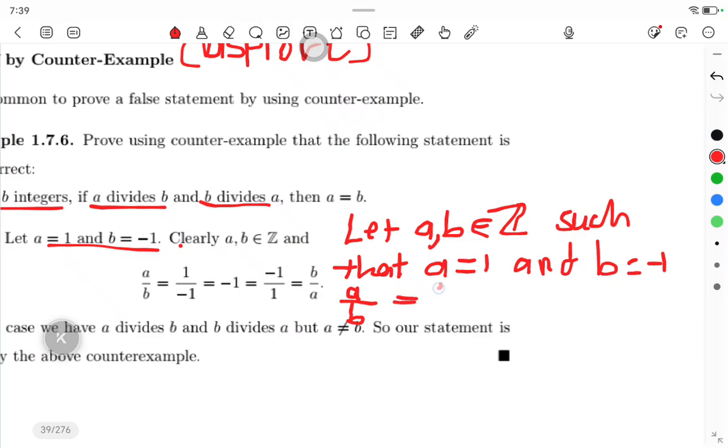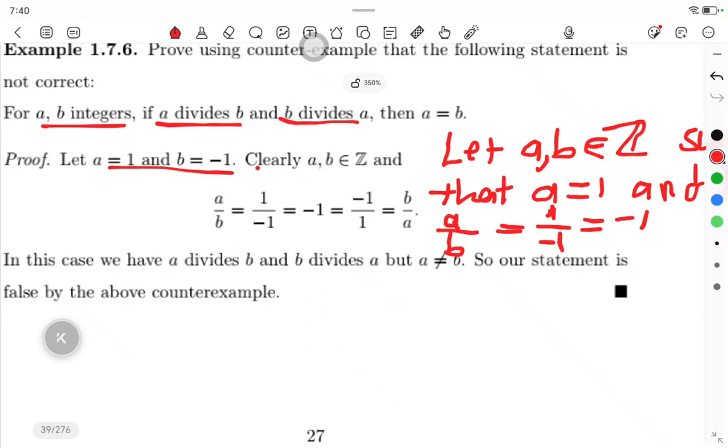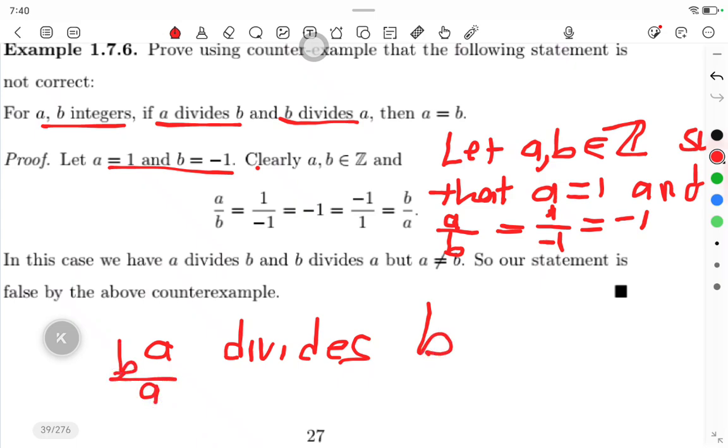Now, if I put my a as 1 and my b as -1, this does not leave a remainder. And when we say b divides a, we are saying that b will be in the denominator, it is the one that divides.